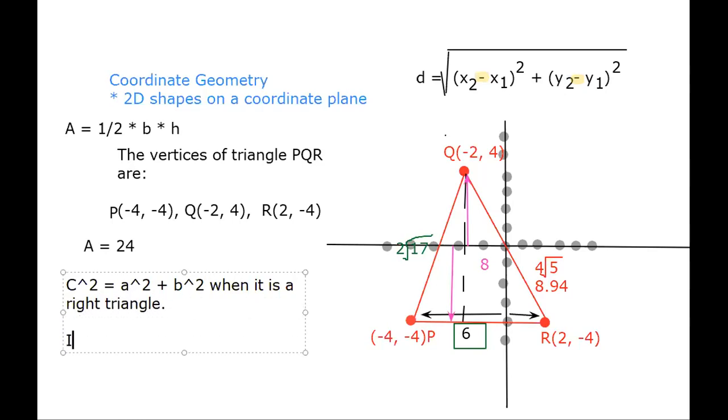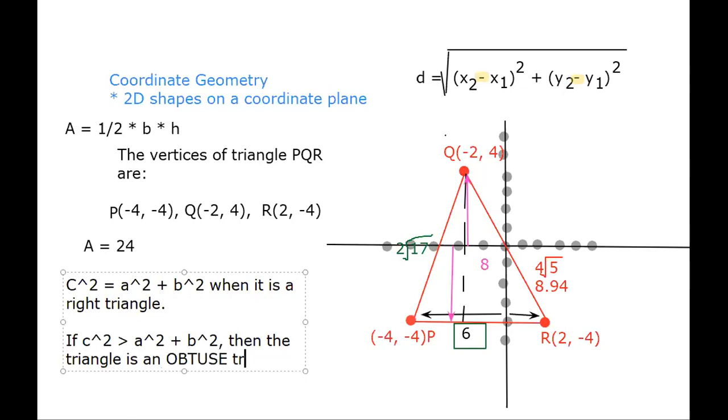Okay, but if c squared is greater than a squared plus b squared, conditional statement here, then the triangle is an obtuse triangle. And the opposite of that, if c squared is less than a squared plus b squared, then it's an acute triangle. And we studied this right after the Pythagorean theorem. It's been a while, so it's just a little bit of a review.